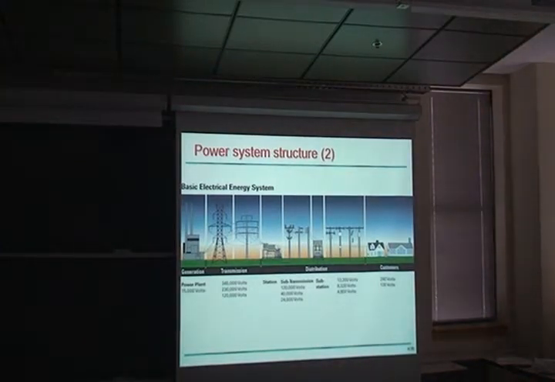Not too much around in the US, so there are a few DC installations in the US. Probably the most significant is what's called the Pacific HVDC Intertie from Oregon down to Los Angeles. It's a plus and minus 500 kV or something.